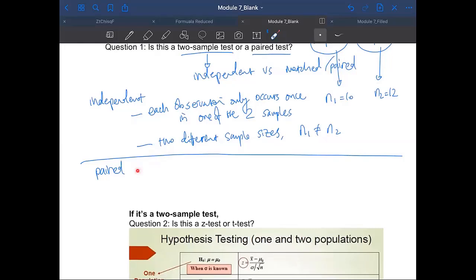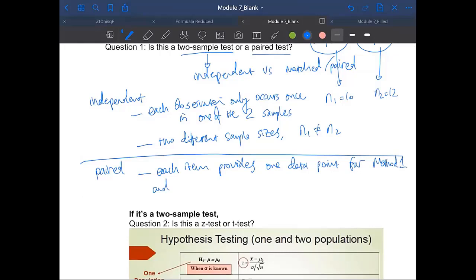So each item provides one data point for the first method. For example, in Amy's case, it's going to be the cholesterol level previously, maybe 5 years ago, for method 1, and another value for method 2.